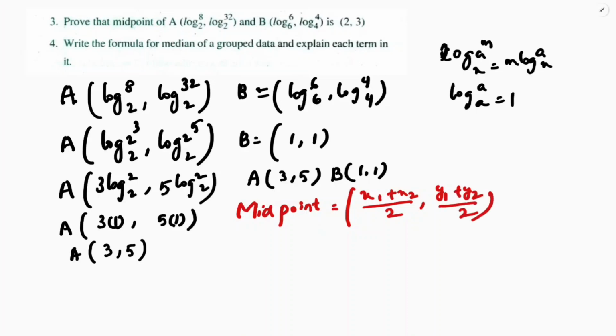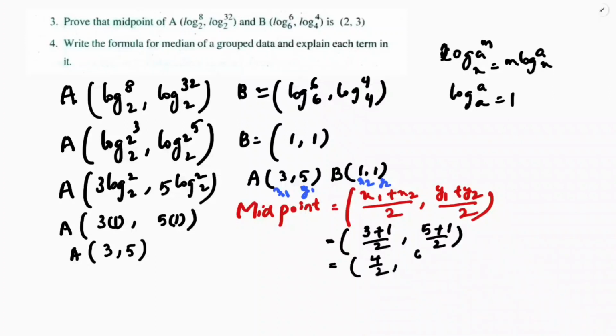If we substitute the values, 3 plus 1 by 2, 5 plus 1 by 2, which is 4 by 2, 6 by 2, nothing but 2 comma 3. So the midpoint is 2 comma 3. In this way we need to simplify; we are using the logarithm identities.